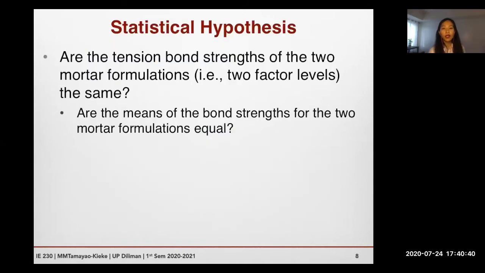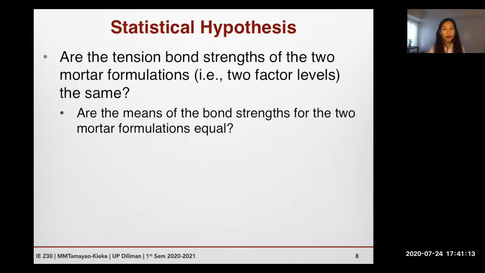One of the first steps is usually to come up with a statement of the statistical hypothesis. Okay, and this usually stems from the problem that is being answered in the experiment. Now, for our example, our main question is that are the tension bond strengths of the two mortar formulations, that is the two factor levels, the same?